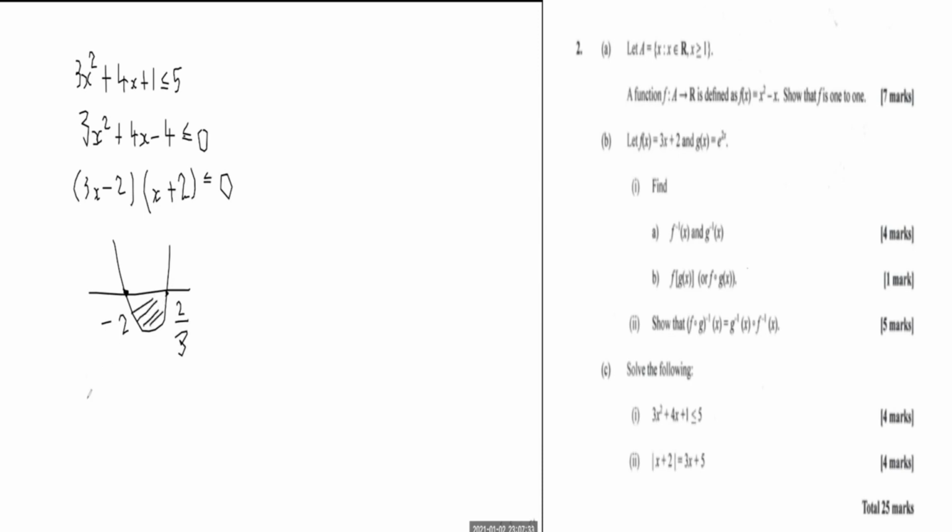So the solution is x is less than or equal to 2 over 3, but x is definitely greater than or equal to minus 2. So that's the solution set for x. Nice and easy.